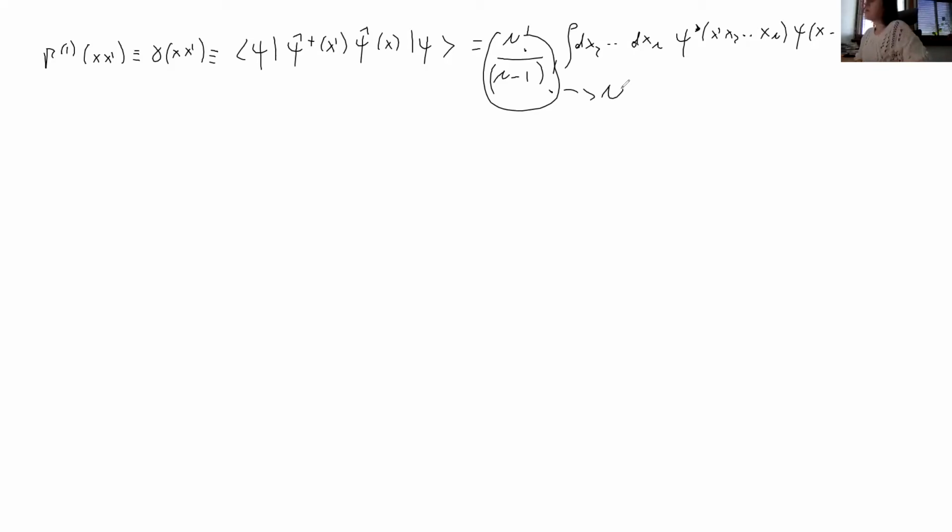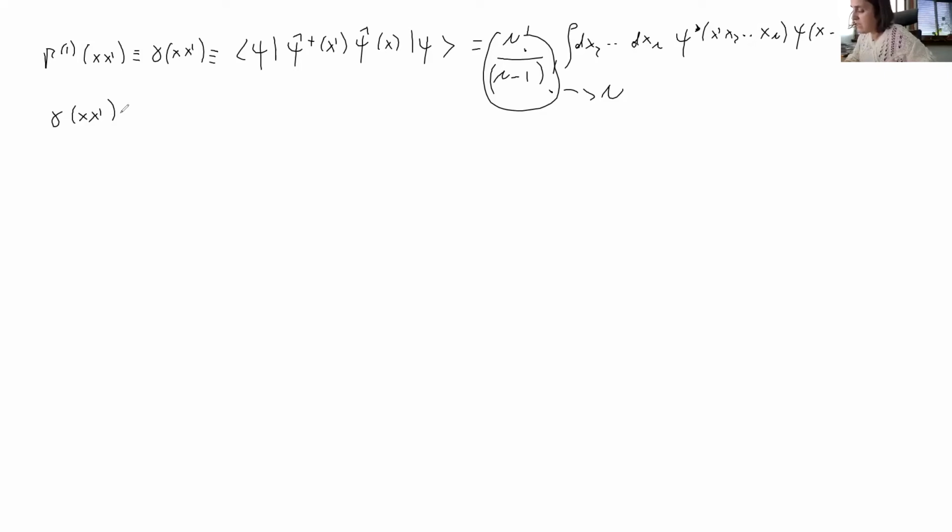So you immediately see that the diagonal part of this gamma, of course, this is the spin one body reduced density matrix, because I'm keeping the x, so there is also the spin variable inside. If you sum over the spin, you get the one body density matrix. But I keep things more general.